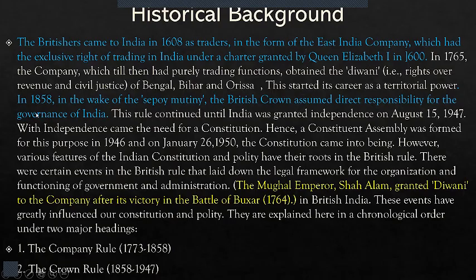Okay. So now, in 1858, in the wake of the Sepoy Mutiny, the British Crown assumed direct responsibility for the governance of India. What happened was, in 1857, we all know the famous first independence war, the 1857 rebellion, in which a lot of people took part.